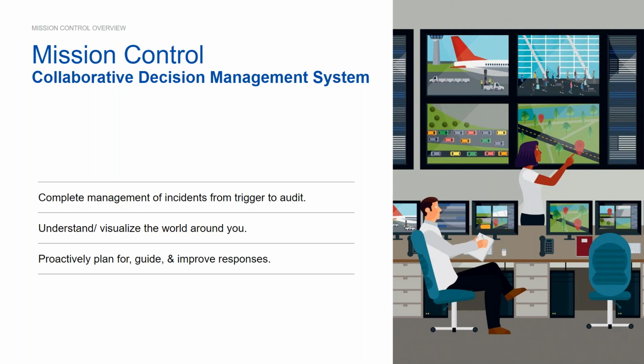So imagine a large airport, for example. So with Mission Control, you get to filter through to capture only events that you would consider real alarms, if you will. That would basically require a response which overcomes the issue of alarm fatigue rather than having to go through all of these events.